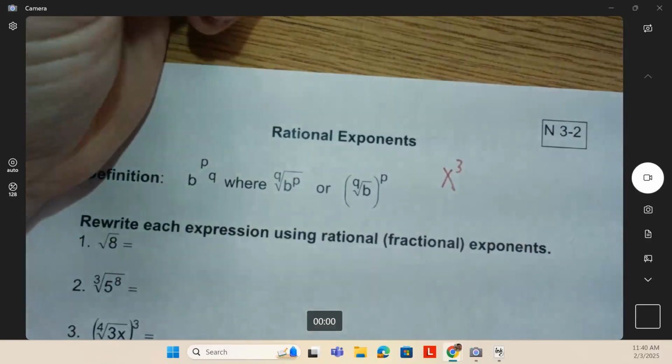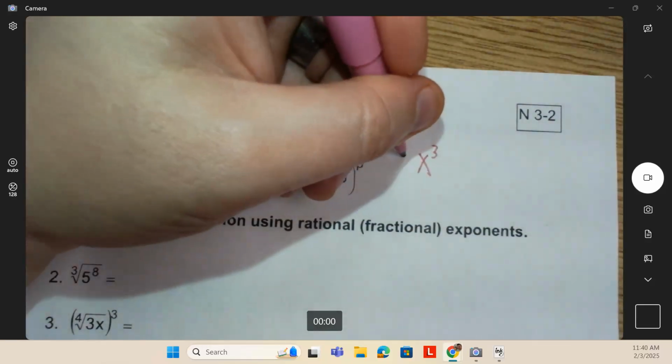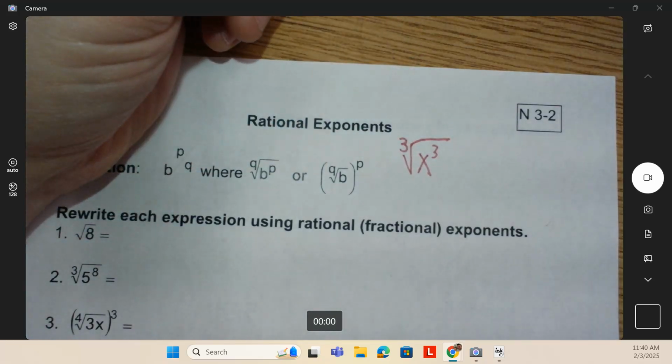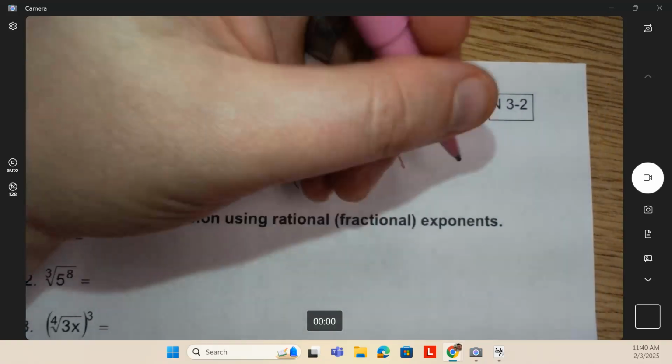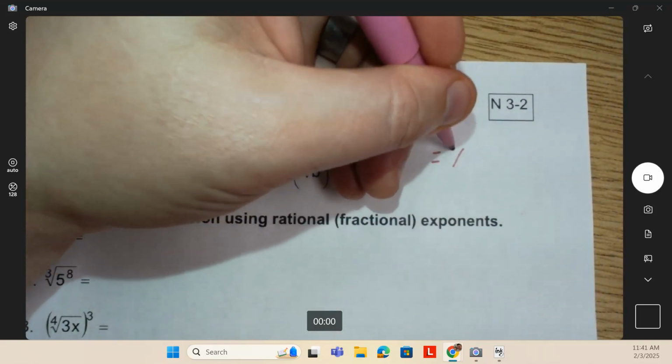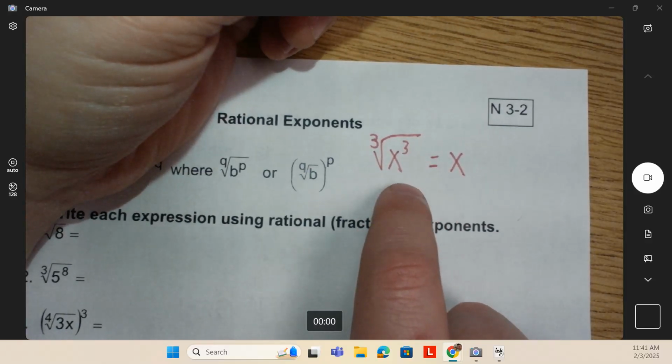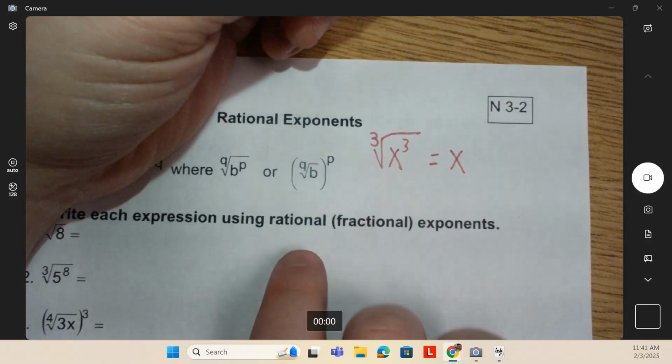So whenever I have x to the third power, for instance, if I did the third root of that, then we know that should just equal x because I have three x's. That makes a group of three, and so they cancel each other out.